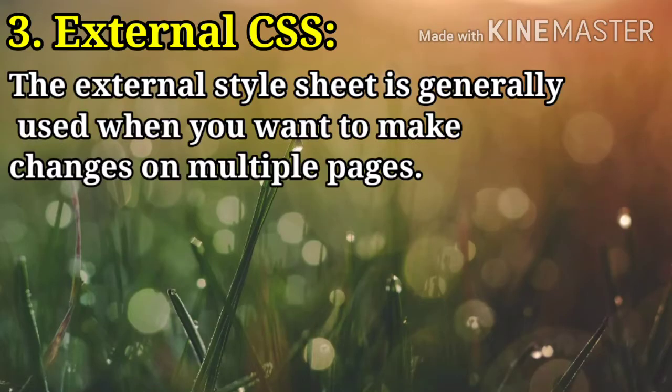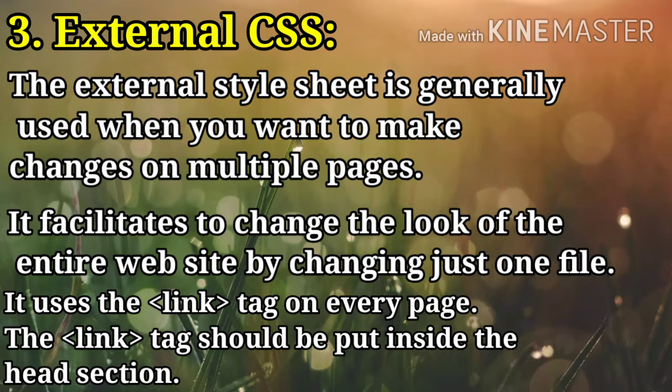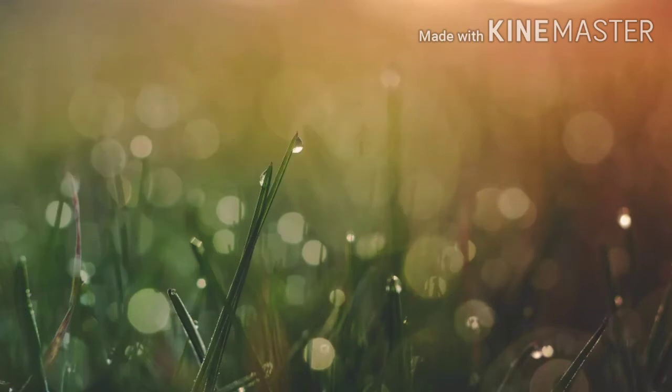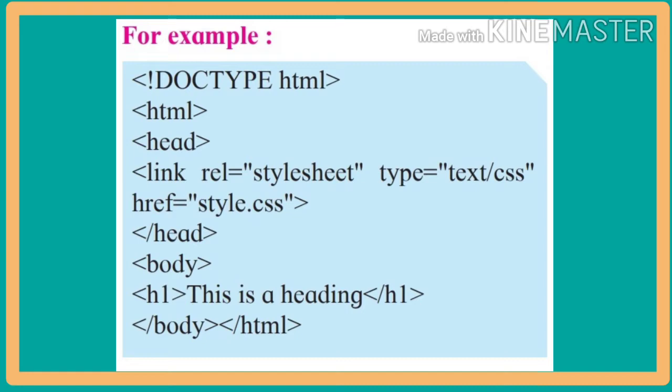Third type is external CSS. The external CSS is generally used when you want to make changes on multiple pages. You can change the look and feel of the entire website by changing one file by using external CSS. It uses the link tag on every page inside the head section. Let's see one example of external CSS. Here the link tag is used with its attributes inside the head section.